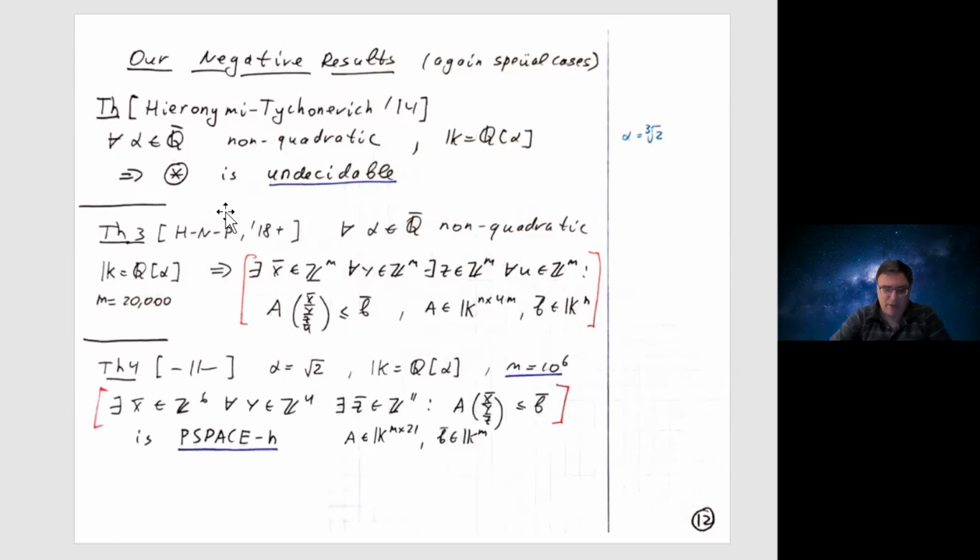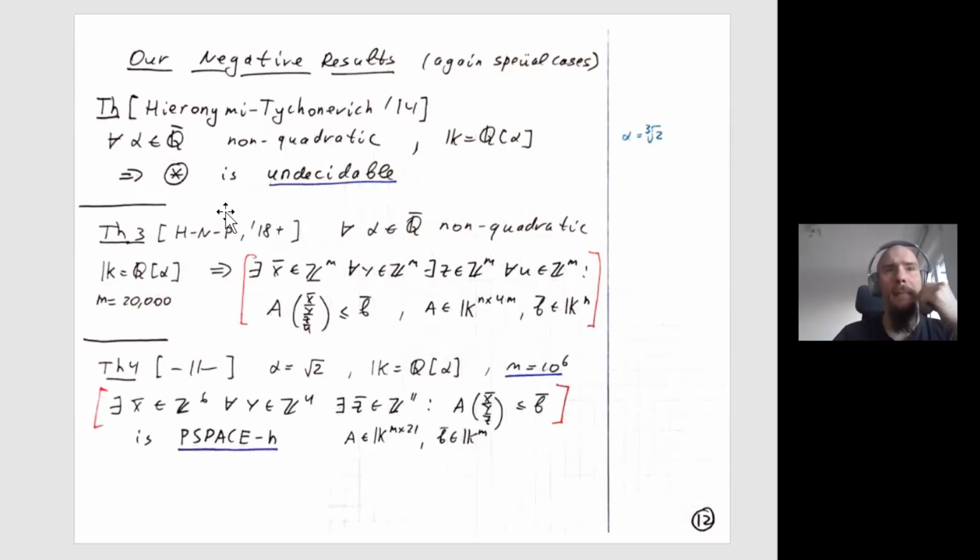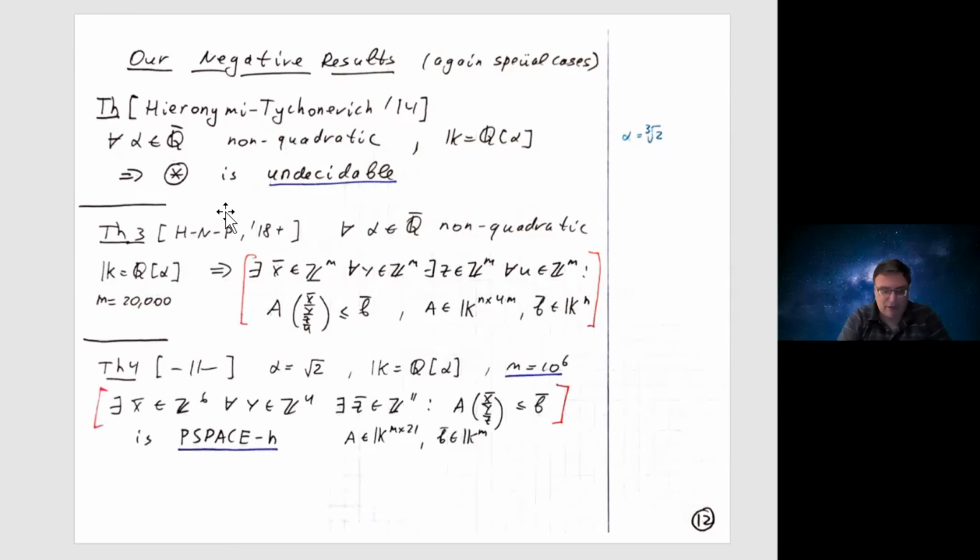And in fact, we did work it out. I was so unhappy about exactly the problem you're asking that I sat down with my co-authors and we figured out it's not the same as in the previous theorem, but it is similar enough. So take a quadratic irrational.